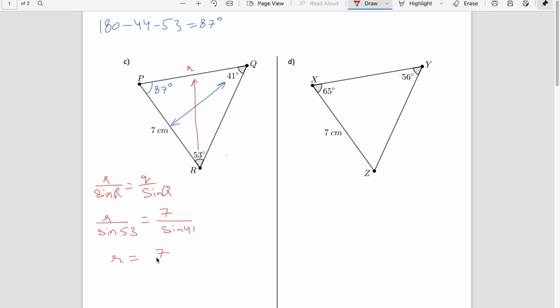So R is equals to 7 by sine 41 times sine 53. So using your calculator, make sure your calculator is in degrees mode, that is 8.52 centimeters. So this is 8.52 centimeters.